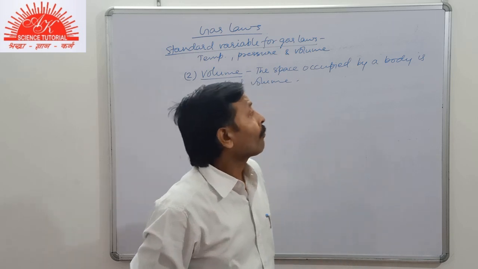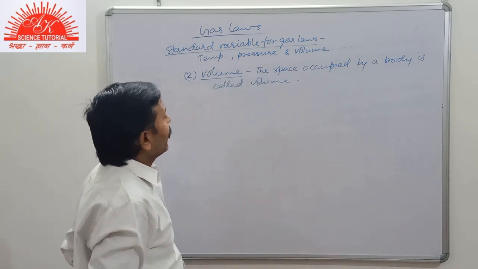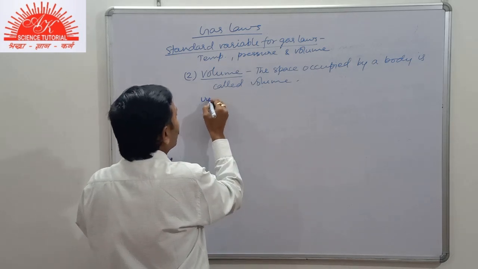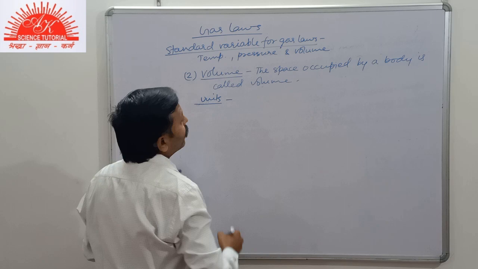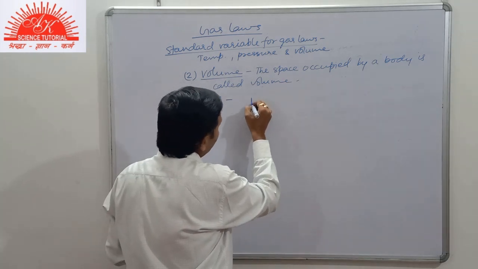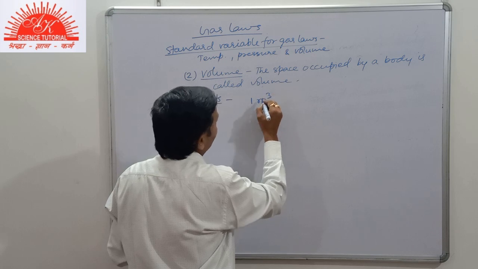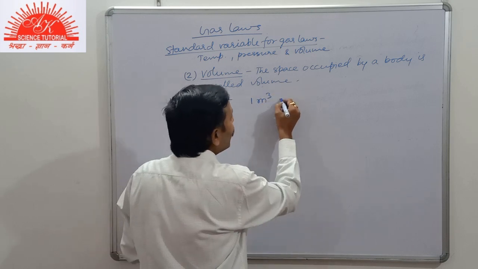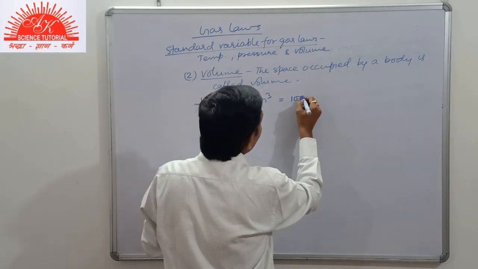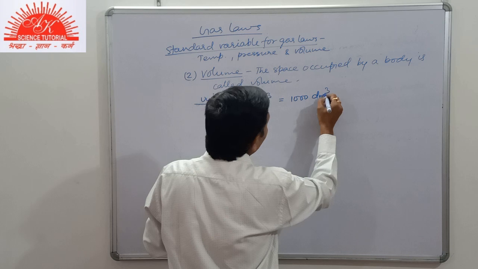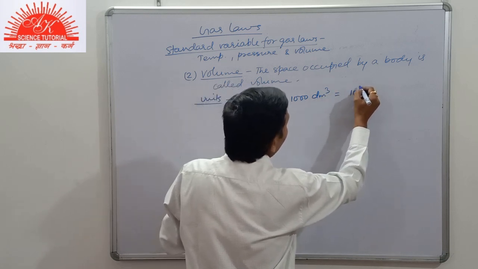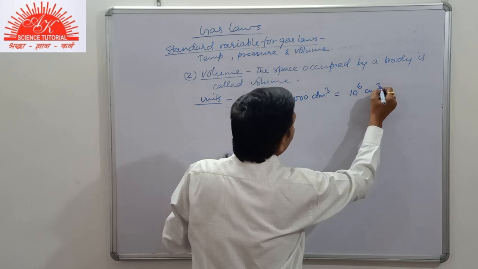Now you see here, it is measured in different units. First unit, suppose we take cubic meter. 1 cubic meter is equal to 1000 decimeter cube, which is equal to 10 to the power 6 centimeter cube.